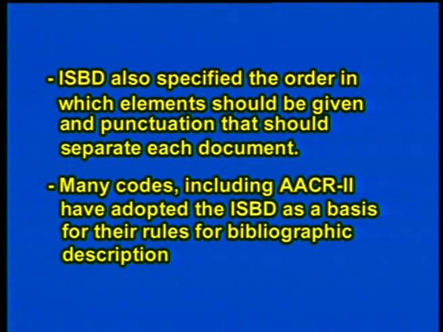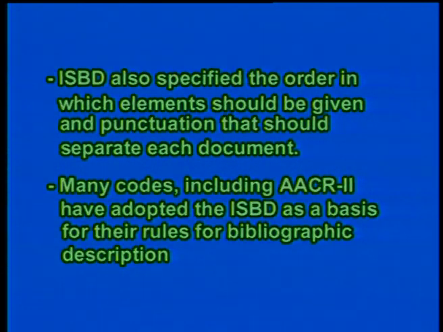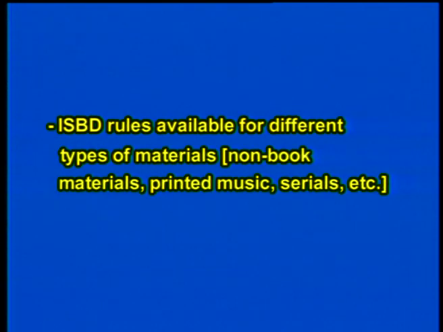Importantly, many codes, that is I am talking of cataloging codes, including the Anglo-American Cataloging Rules version 2, AACR 2, have adopted the ISBD as the basis for their rules for bibliographic description. ISBD rules are available for different types of materials like non-book materials, printed music, serials, etc.